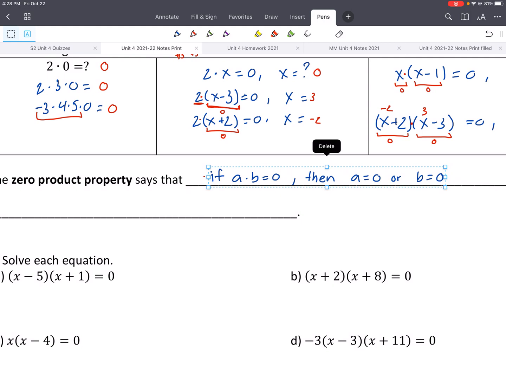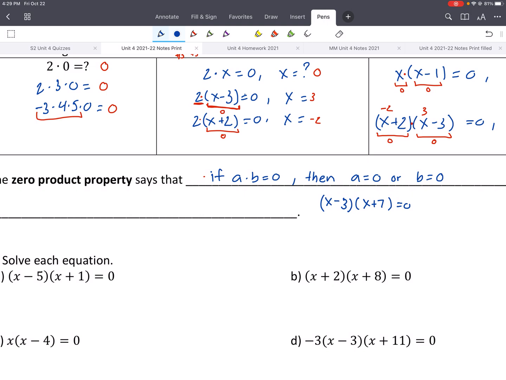Okay. All right. So if we're multiplying two things, say A and B could be anything. A could be x minus 3, and B could be x plus 7. If we have two things that are being multiplied together, and it's equal to 0, then A has got to be 0 or B has got to be 0.